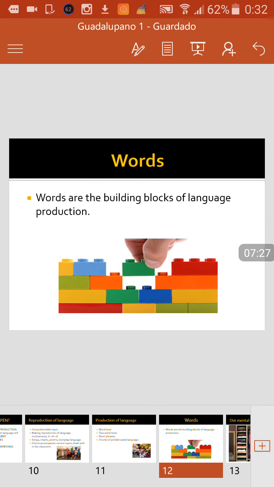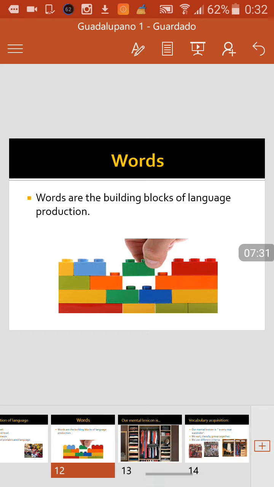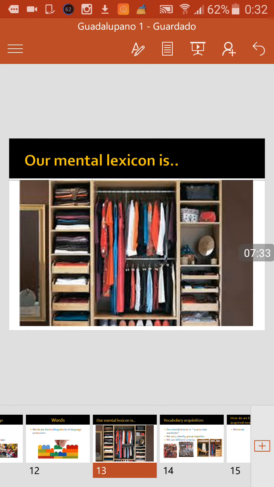Now, here we need to stop for a little while to talk about efficient vocabulary instruction. So here I need to remind you that our students, in fact all of us, have a mental lexicon. And our mental lexicon looks like a very neat wardrobe. That is to say, every time we learn a new word, we know exactly where to go and put it.